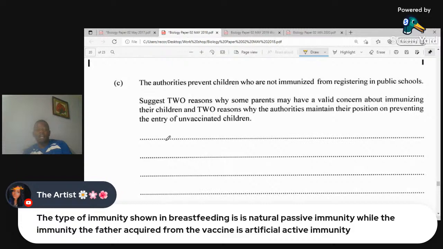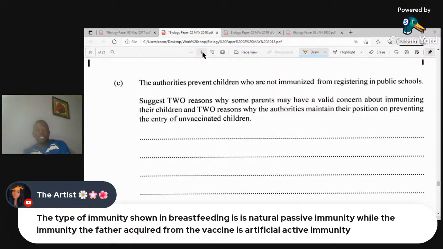All right. So the authorities, look at this one. The authorities prevent children who are not immunized from registering in public schools. Suggest two reasons why some parents may have a valid concern about immunizing their children, and two reasons why the authorities maintain their position on preventing the entry of unvaccinated children.